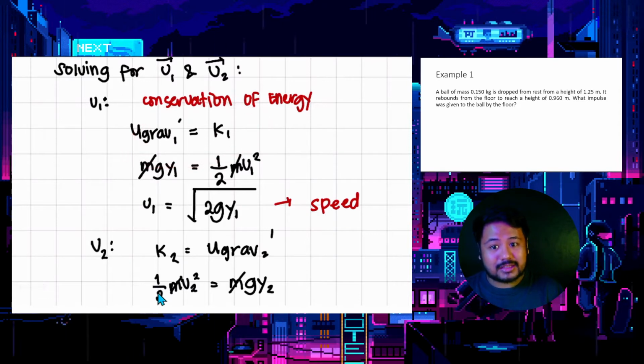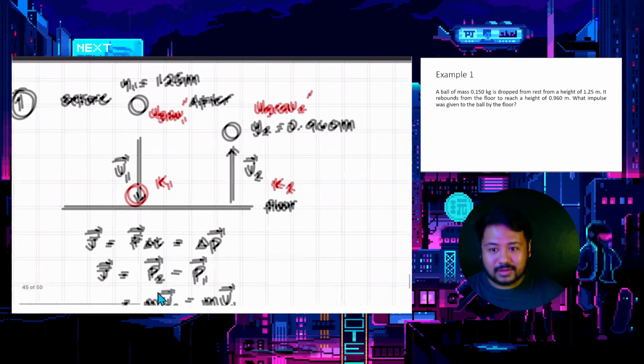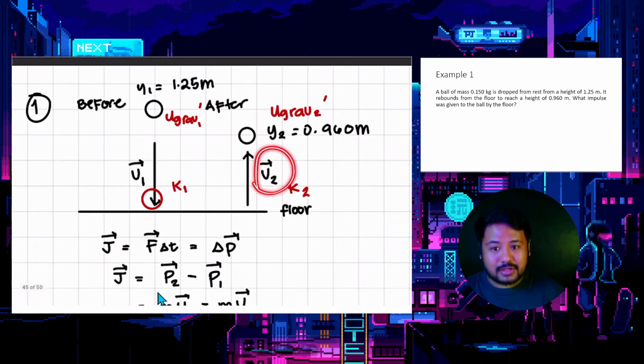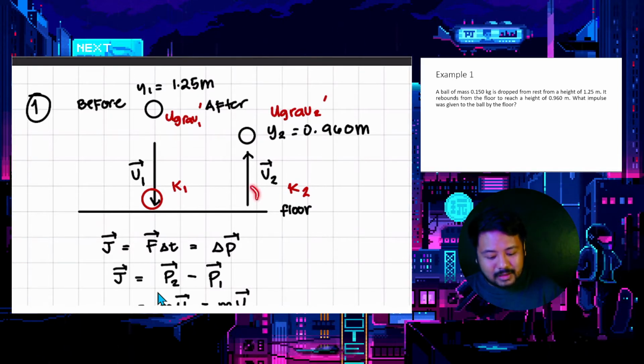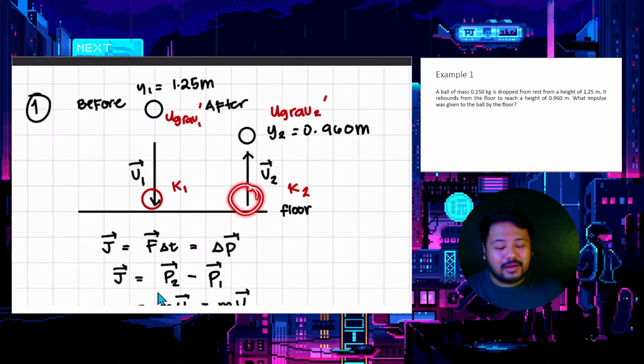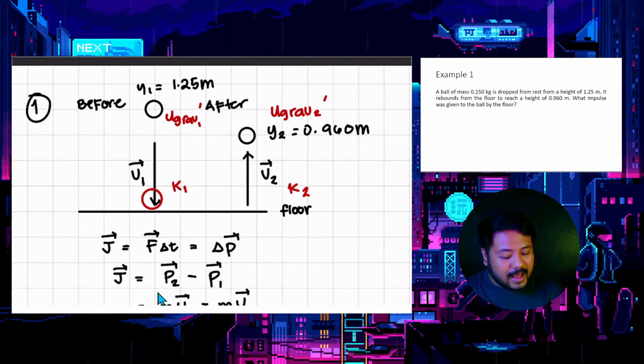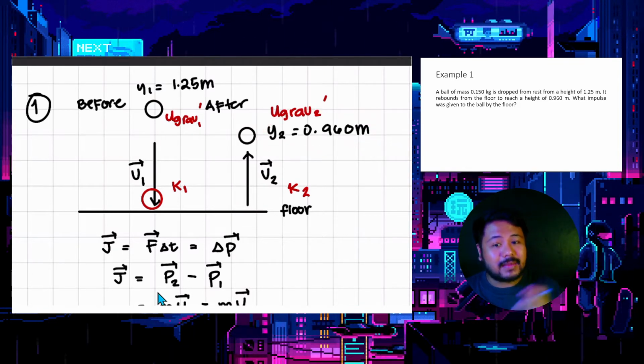So we could get the speed v1, that is the square root of 2g y1. And then we have v2, the bounce back speed, and that is just coming from the floor with an initial speed v2, and then it will bounce to the height that is 0.960 meters. That's the maximum height.